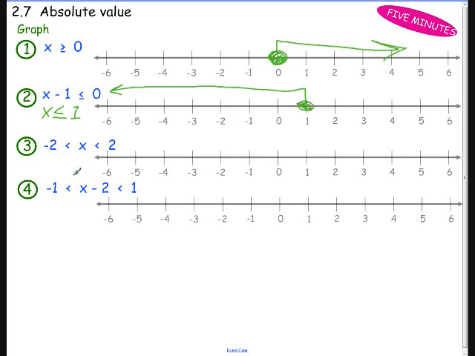How about this one? Well, here's an example of a compound where we're going to have 2 boundary points. One of them is at -2, and it does not include -2. There's no equals there. And the other one is at 2. And we're saying all x in between those, all x that are greater than here and less than here.